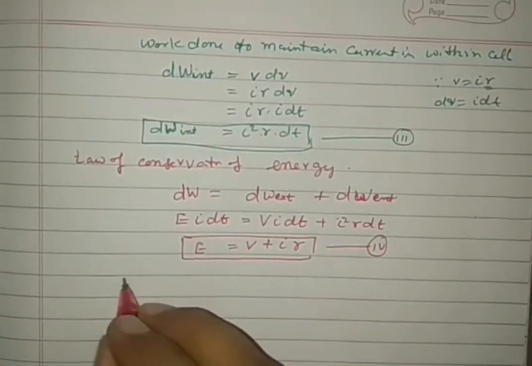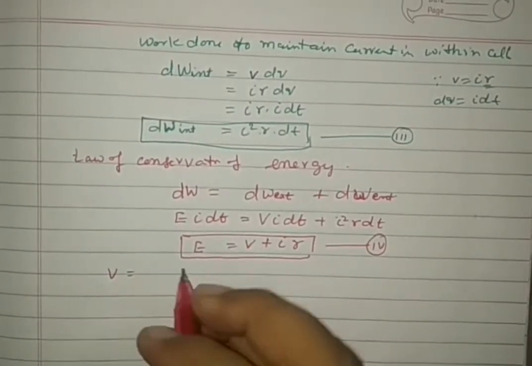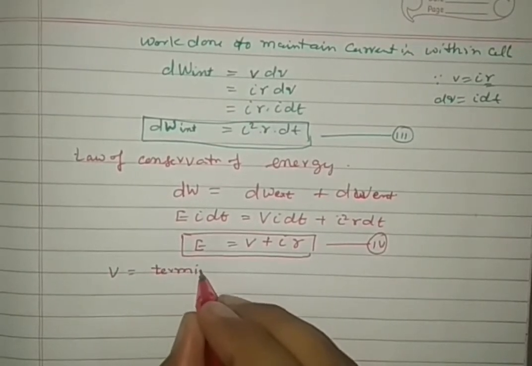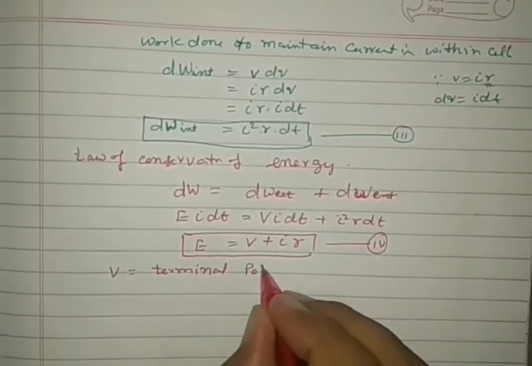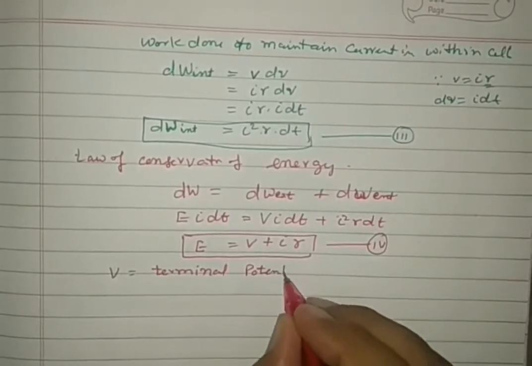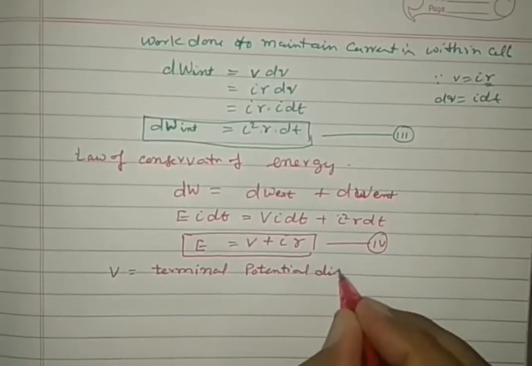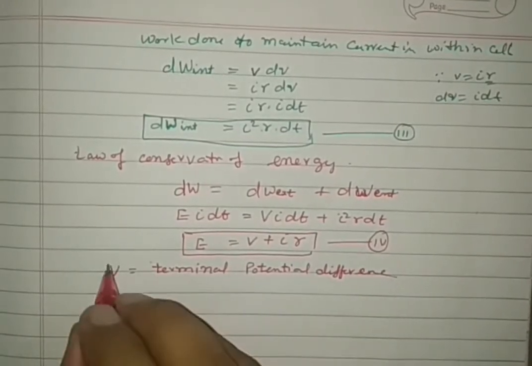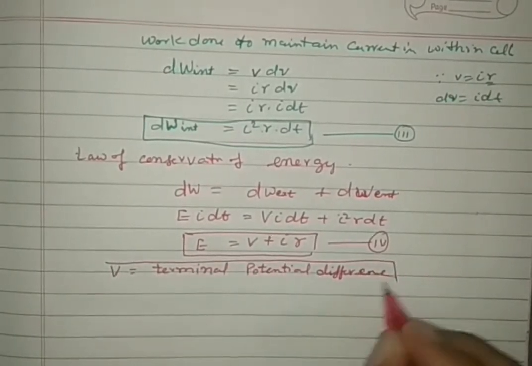Now see, V is the terminal potential difference. See the meaning of this terminal potential difference.